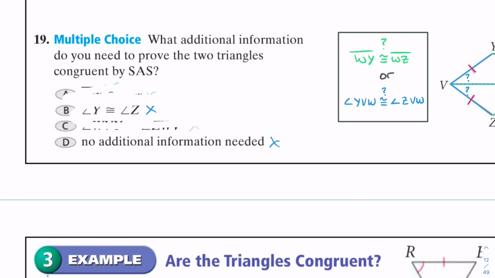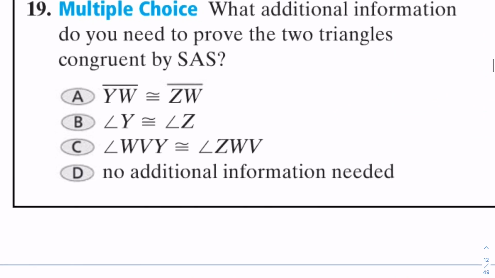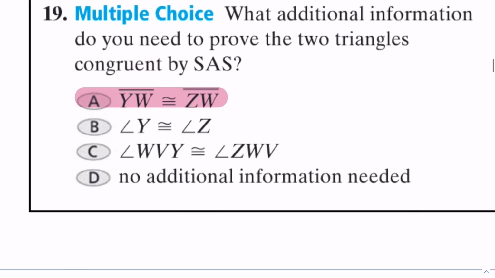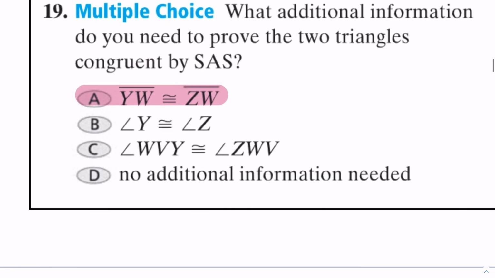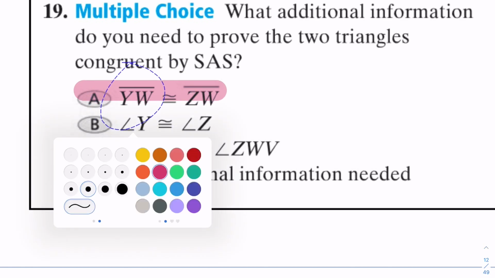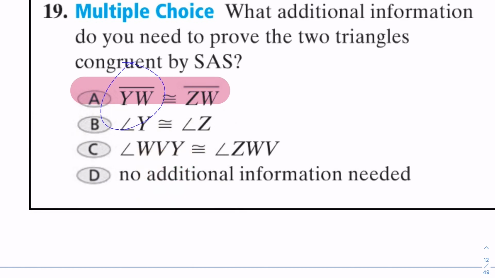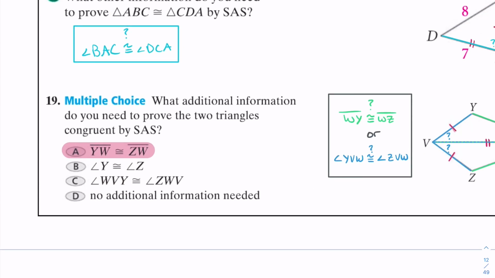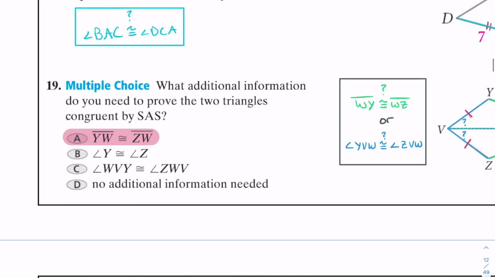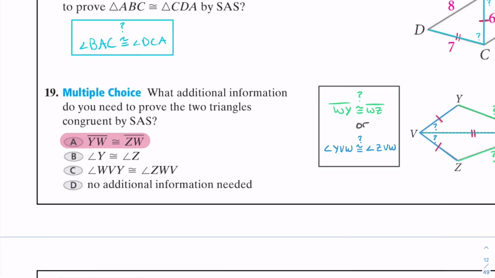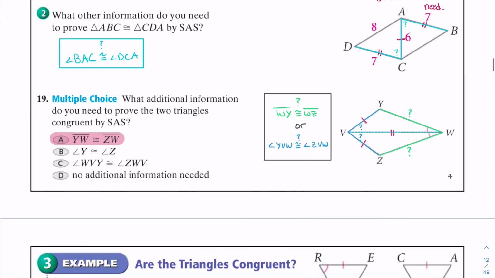So based on the multiple choice question they gave me, the answer is going to be the first statement that I made earlier. Okay, WY and WZ. That one's a little tricky.